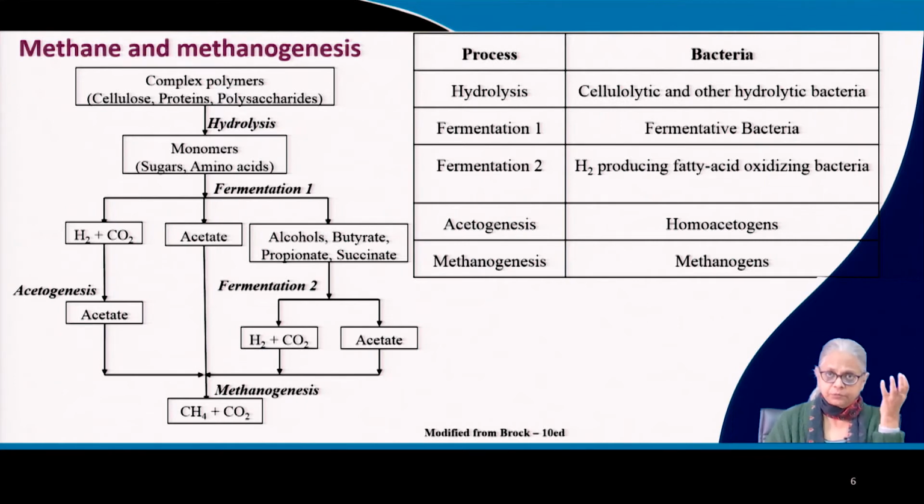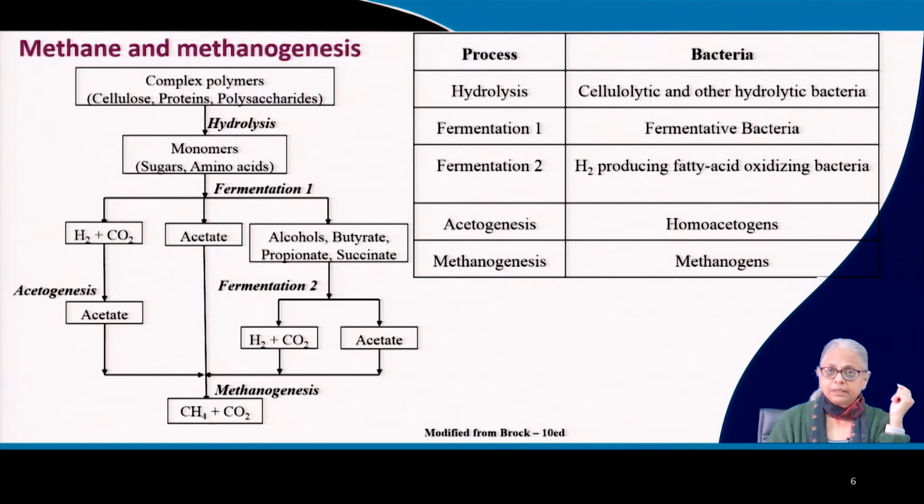So this sludge that we are taking from the aerobic process is nothing but complex polymers. So this is complex organic matter, cellulose, polysaccharides, proteins, nucleic acids, all of it. The first thing that the bacteria need to do is to exude what are called extracellular enzymes. These extracellular enzymes have one job, and that is hydrolysis of the polymers to break them down into monomers.